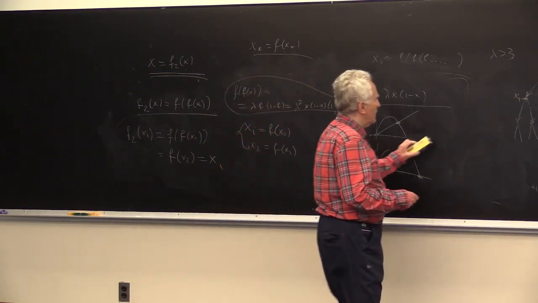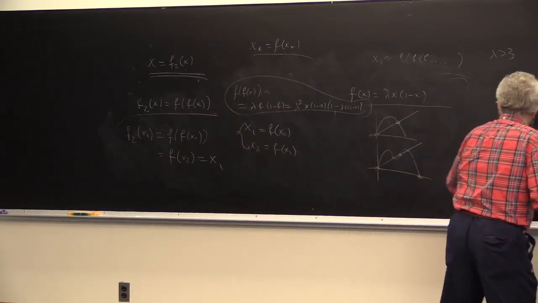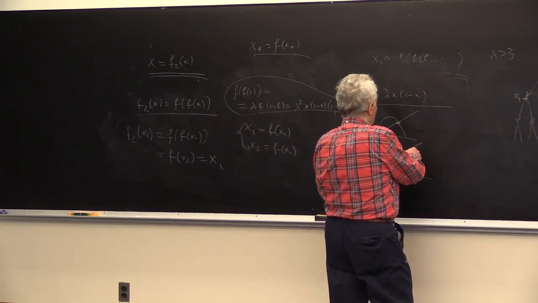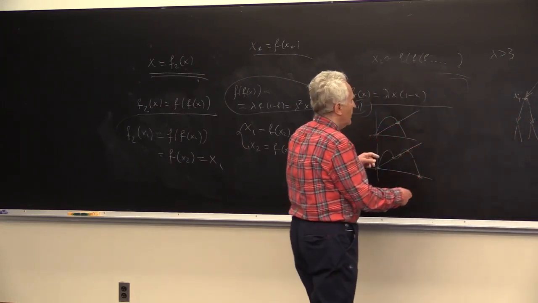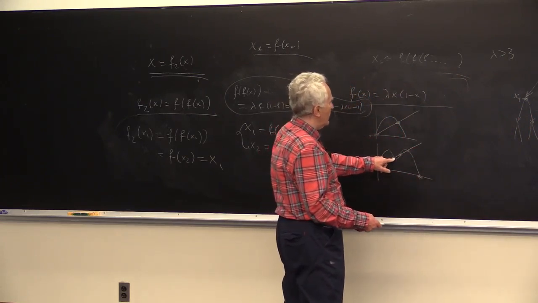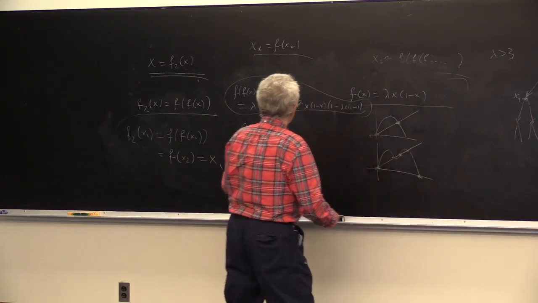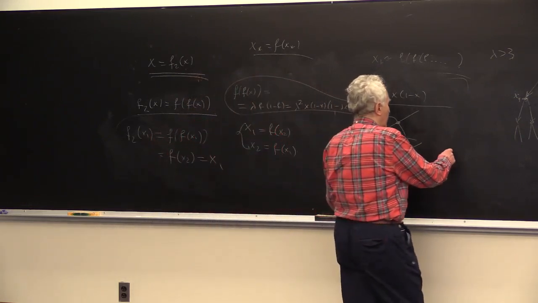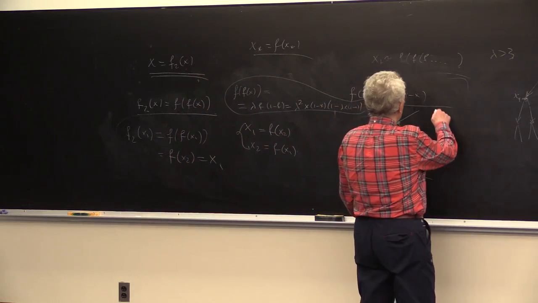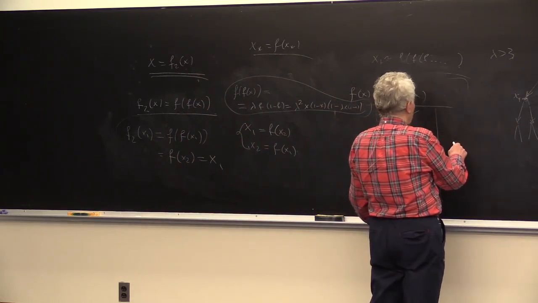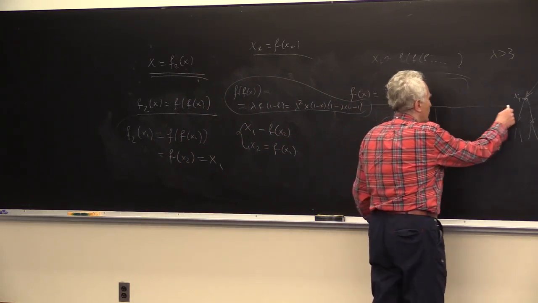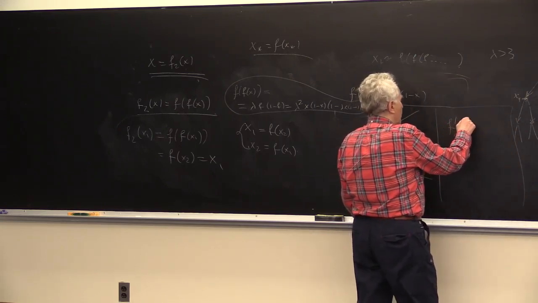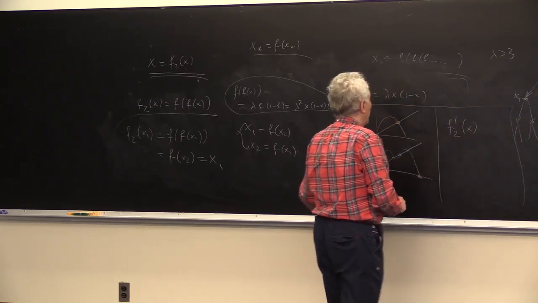So we see that we can now calculate and see that these 2 fixed points are stable, while the middle fixed point is not. Once again, how we do this: to judge the stability of these fixed points, we have to calculate f2 prime of x.